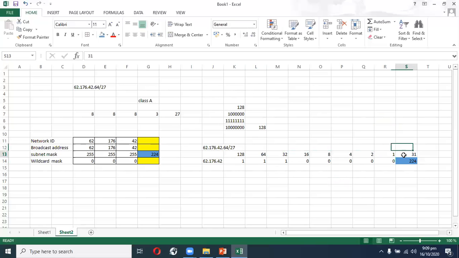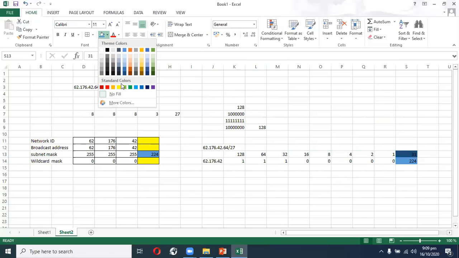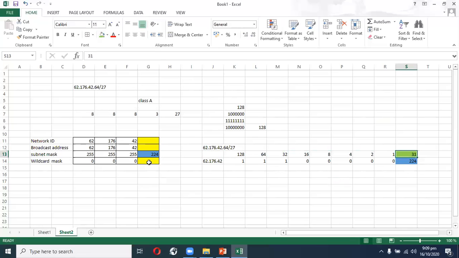Let me color it green so it will be easy for you. This will be 31. It's so simple: just by writing this in this format, we figure out our subnet mask and also our wildcard mask.